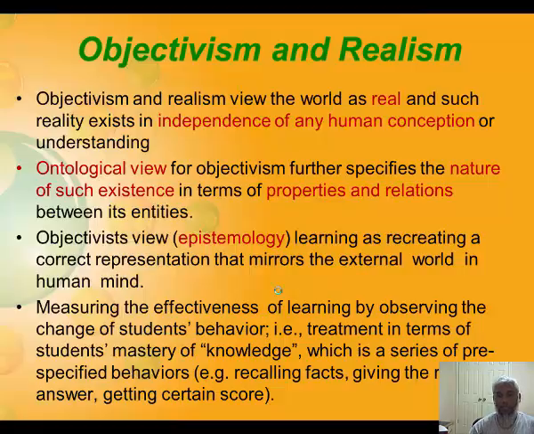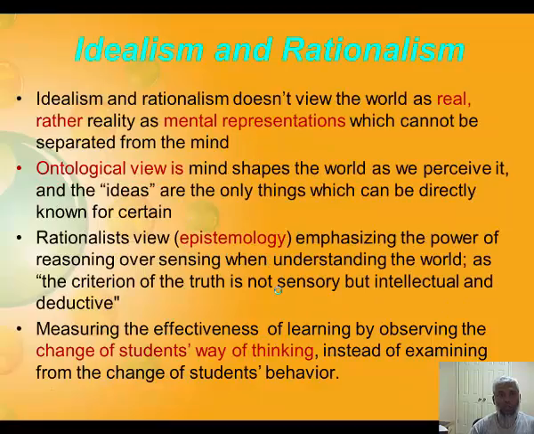Idealism and rationalism do not view the world as real, but rather reality as mental representation which cannot be separated from the mind. The ontological view is that mind shapes the world as we perceive it, and ideas are the only things which can be directly known for certain.